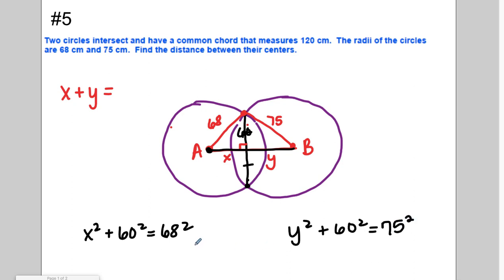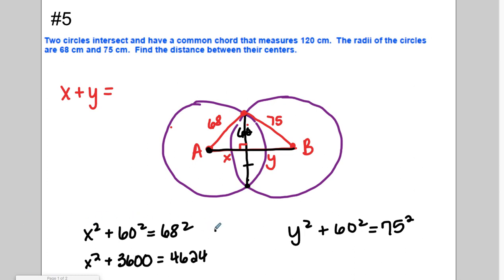So we've got 60 squared, which is 3,600. Didn't use my calculator because I know that 6 squared is 36. And then we've got 68 squared, which is 4624. So x squared plus 3,600 equals 4624, and then I subtract the 3,600, which gives me 1024.